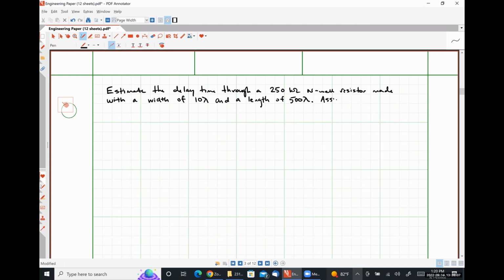We will assume that the capacitance of a 10 lambda by 10 lambda square N-well to substrate is 5 femtofarads.